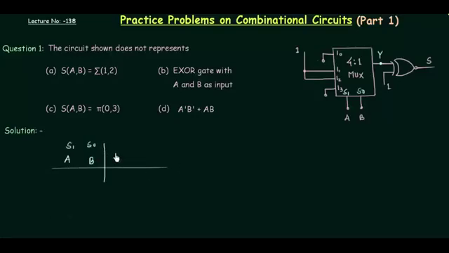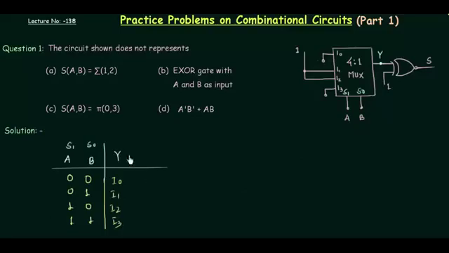The output is Y. Now for the combinations, let me write it down quickly. Now your Y is simply I0, I1, I2, I3. You know how the multiplexer works. When it is 0 0, I0 will be linked to your output, 0 1, I1 is linked, 1 0, I2 is linked, and 1 1, I3 is linked.